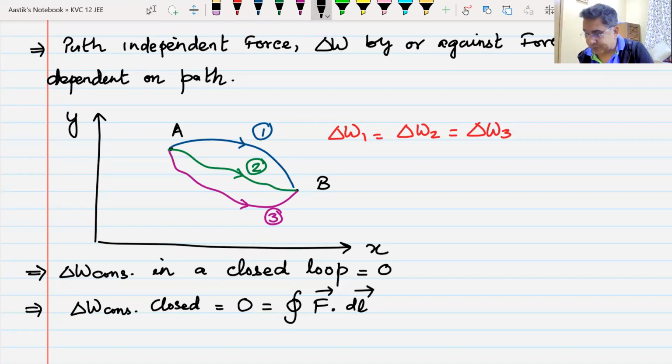Dot product. F dot dl or F dot dr is the work done, yes or no? Yes, sir. Integral of F dot dr is total work done, and I put a circle, it becomes a closed loop. I put a circle somewhere else also, no?